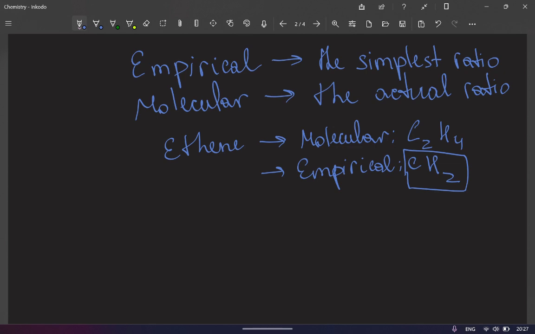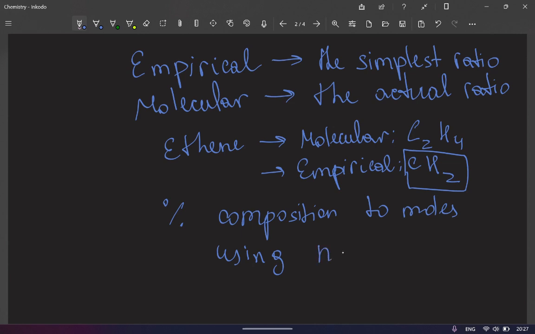But how do we find empirical formula? The most important thing is to convert percent composition to moles using the formula that we have reviewed before: number of moles equals mass divided by molar mass.